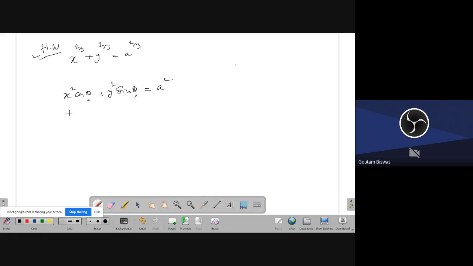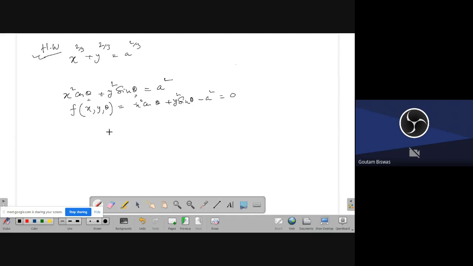You can do it also. Say it is in this form: f of x, y, theta is equal to x square cos theta plus y square sin theta minus a square equals 0.